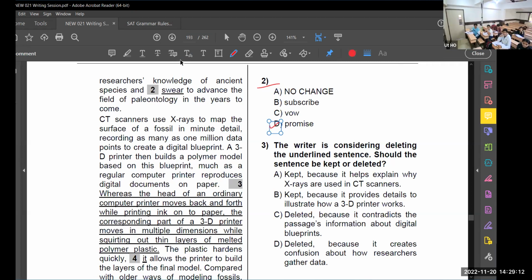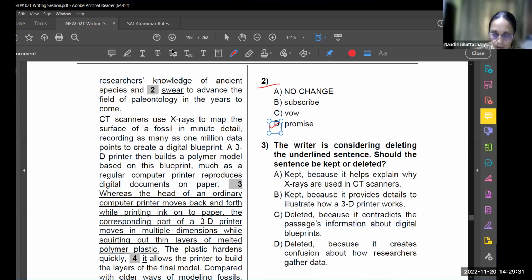Ma'am, swear and vow mean the same thing. Swear and vow, same thing. More or less, there is a little difference. Swear and vow both have an informal tone. And the passage is talking about a scientific discovery.